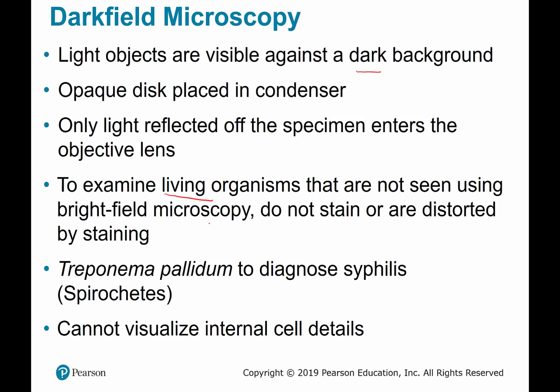These organisms are going to be too small to be seen with the bright field illumination with your compound light microscope. And so you can use dark field microscopy to diagnose syphilis. So you would be able to observe Treponema pallidum, which is the pathogen that causes syphilis. However, you cannot visualize internal cell structures.